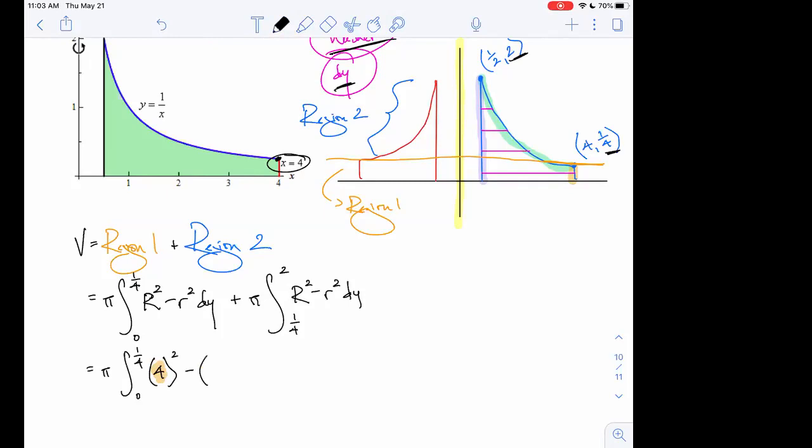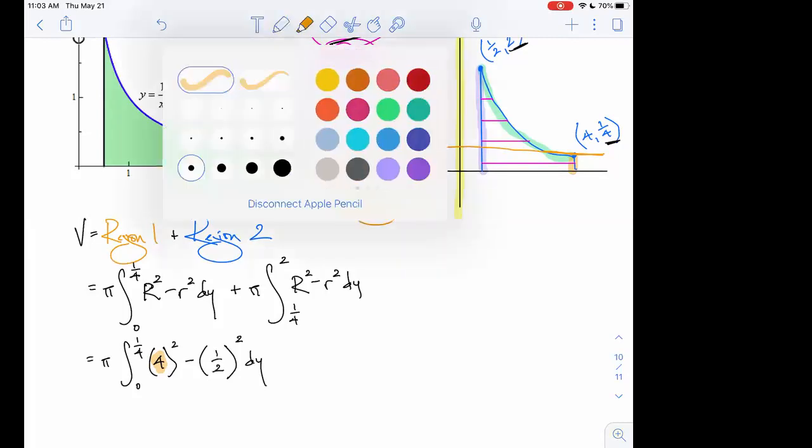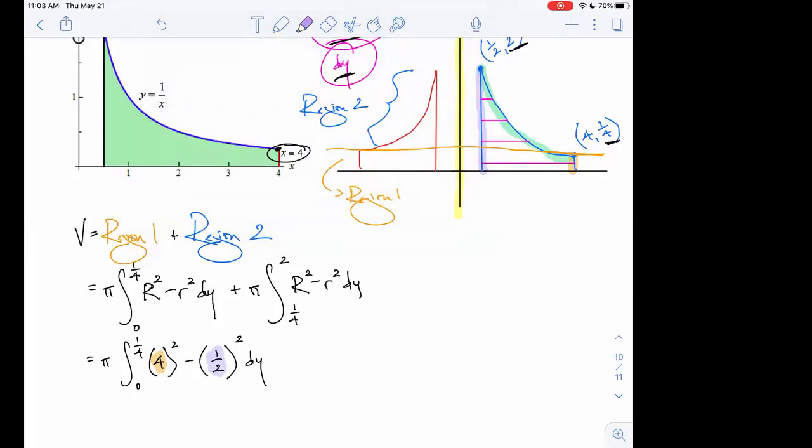Minus, what color is the inner radius curve for region 1? Purple. It's purple, yeah. So that purple one, and what's the equation of that purple line? X equals 1/2. So that's what we're going to put in for our little r. Okay.